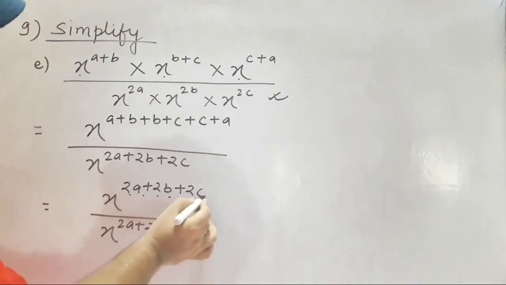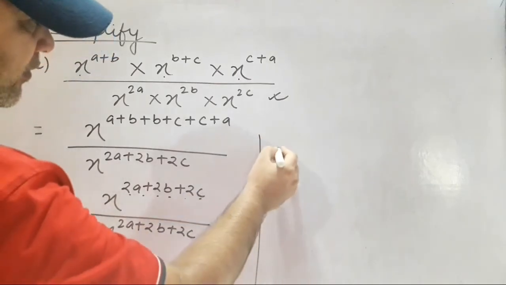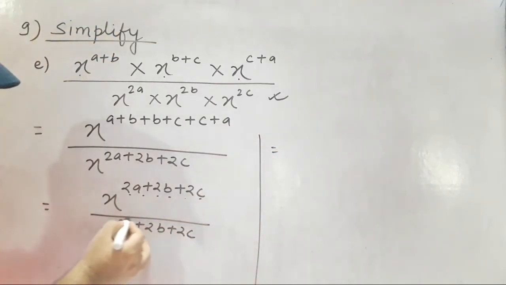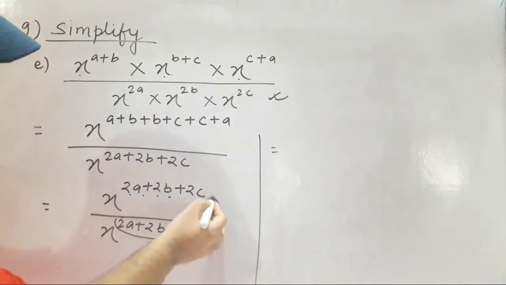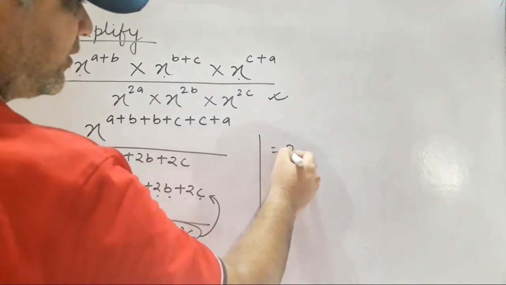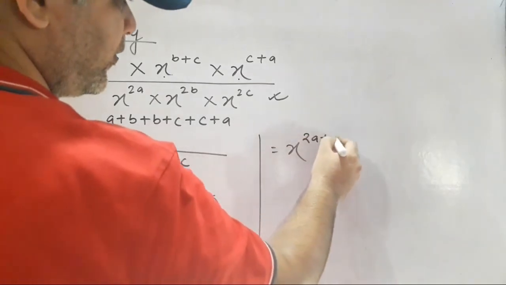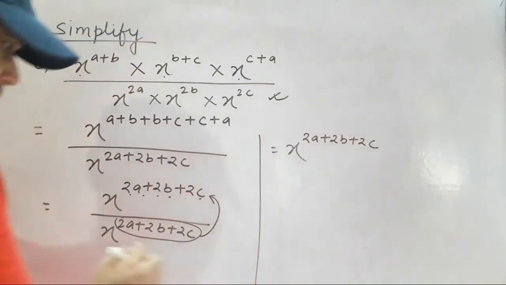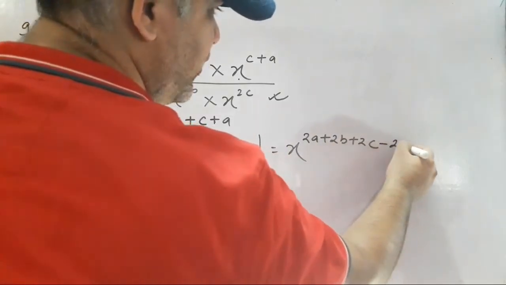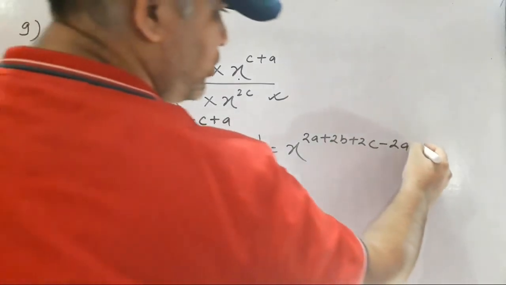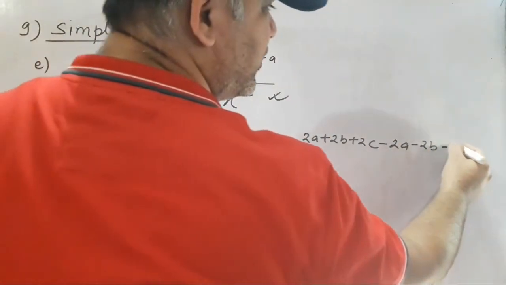Then according to the quotient law of indices, we can subtract the powers. Since the powers are the same, you can subtract any power from any power. I shall subtract these powers 2a plus 2b plus 2c from this power. x power 2a plus 2b plus 2c, this plus 2a becomes minus 2a when subtracted, plus 2b becomes minus 2b, plus 2c becomes minus 2c.